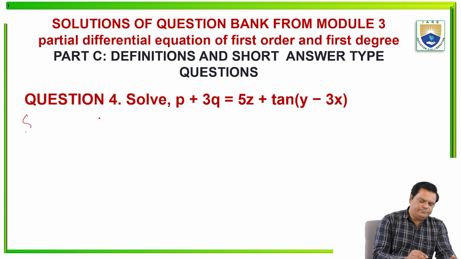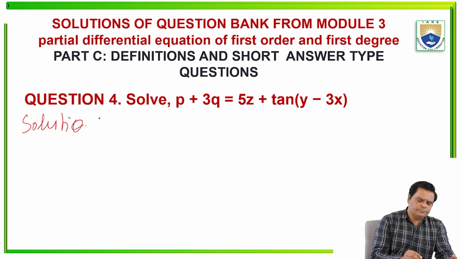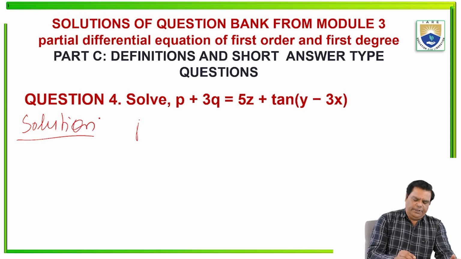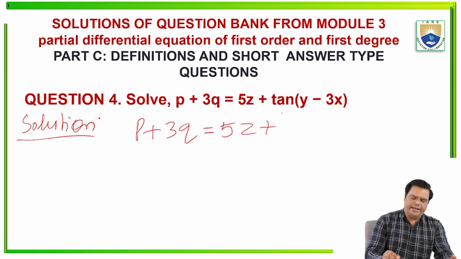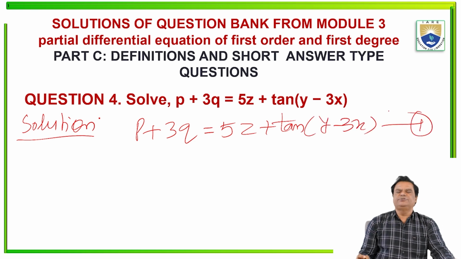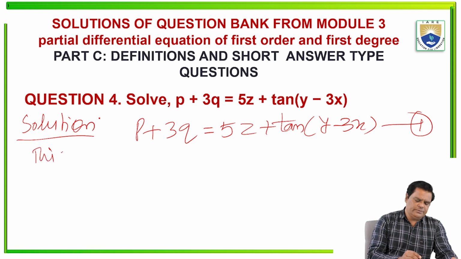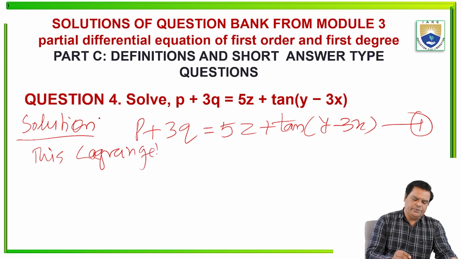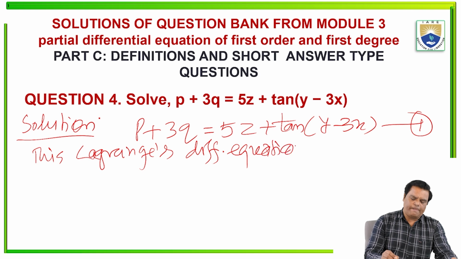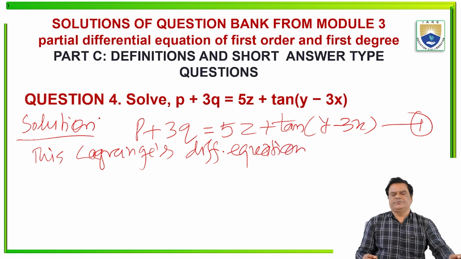Next solution is p plus 3q equal to 5z plus 10y minus 3x. This is equation 1. This is also a Lagrange differential equation.